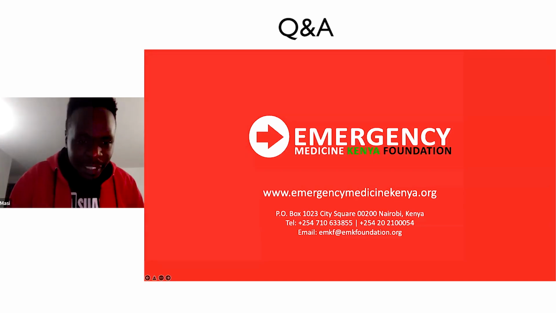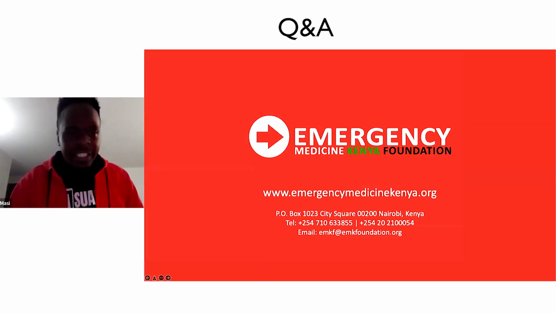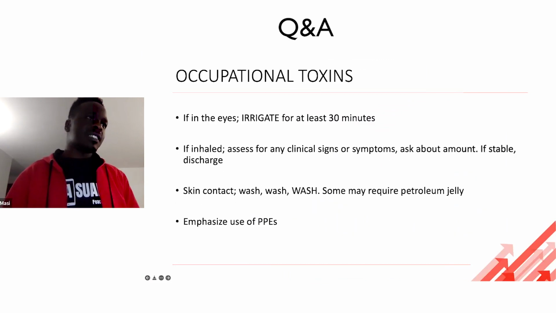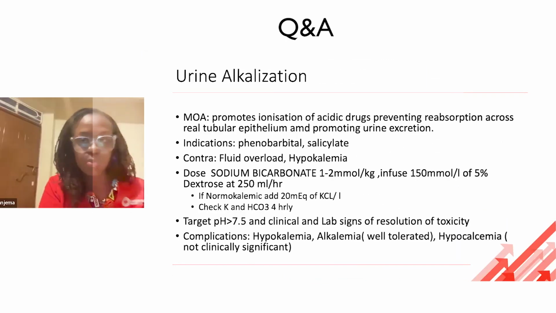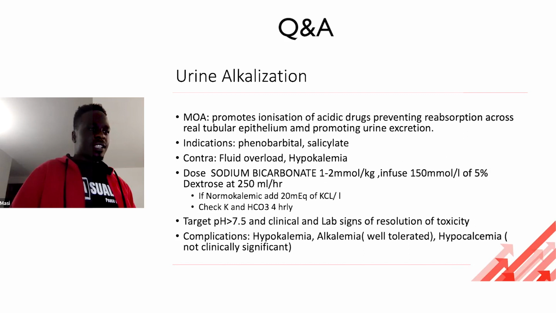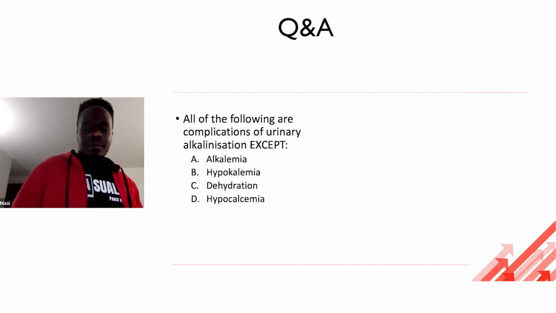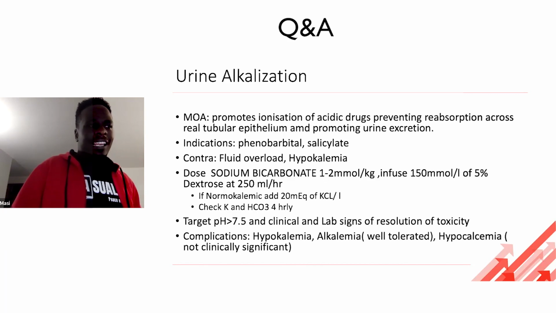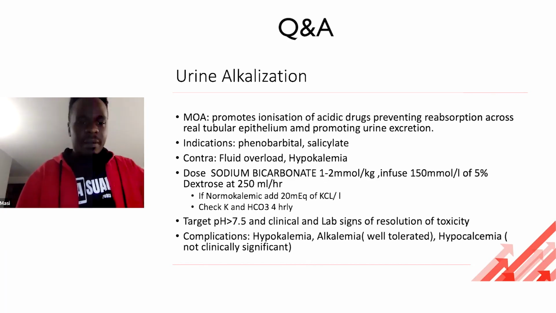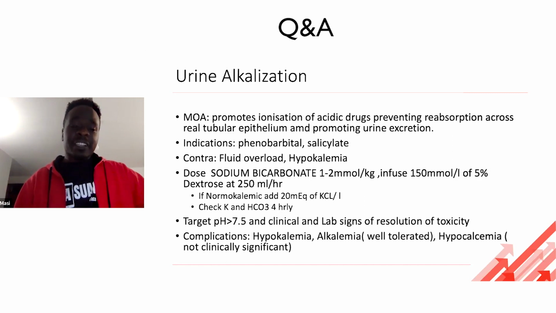Somebody, Dorcas, is asking quite a nice question here: at what point in aspirin overdose do you start urine alkalinization? You are much safer starting to alkalinize your urine when you've risk stratified and you've noticed that your doses are beyond therapeutic doses.